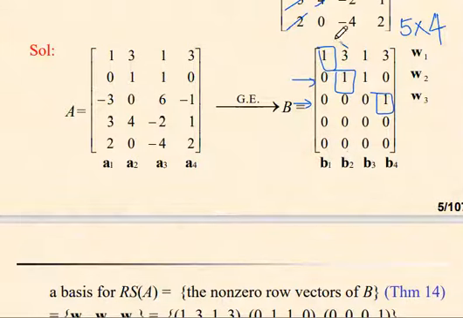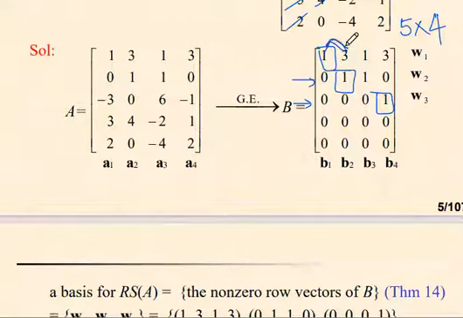That means these two are linearly independent. But you can write this column in terms of, yeah, these three.